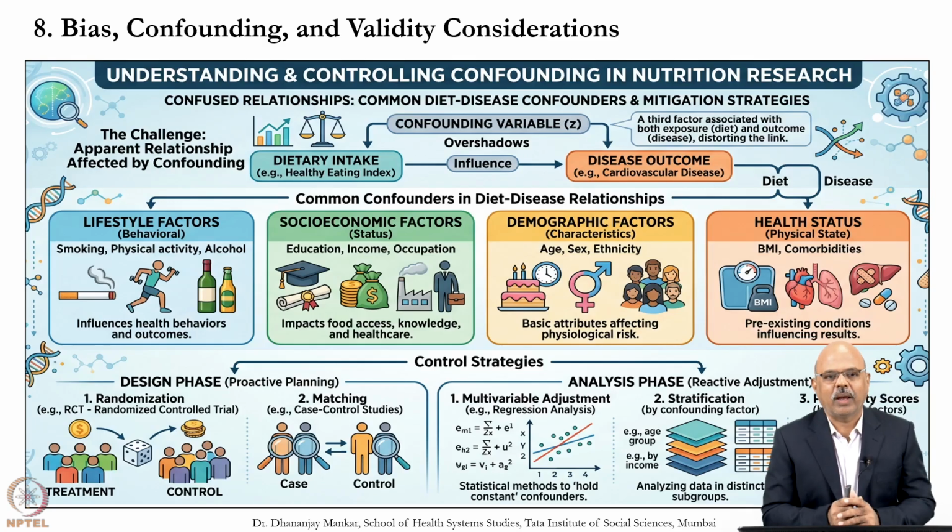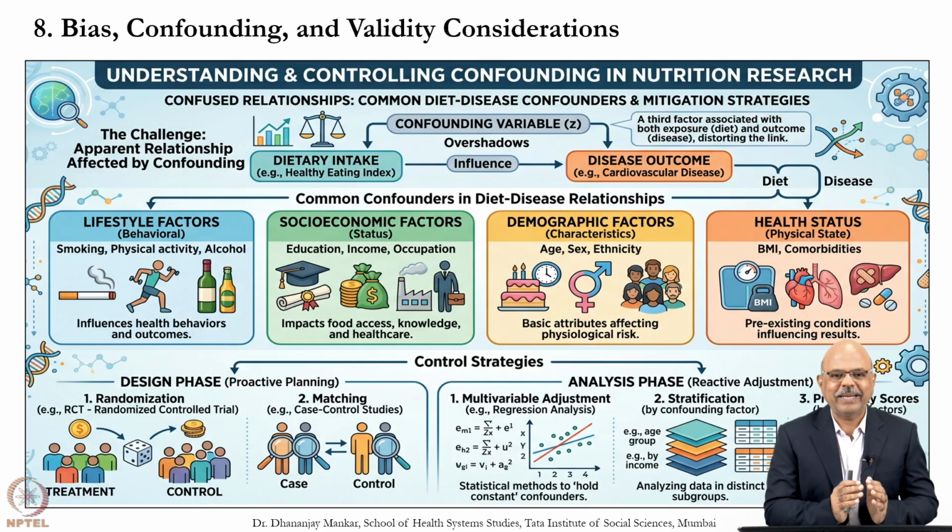Now, understanding and controlling confounding in nutritional research. Confounding relationships, that is common diet confounders and mitigation strategies. You may come across common confounders in diet relationships like lifestyle factors, socioeconomic factors, demographic factors and health status.